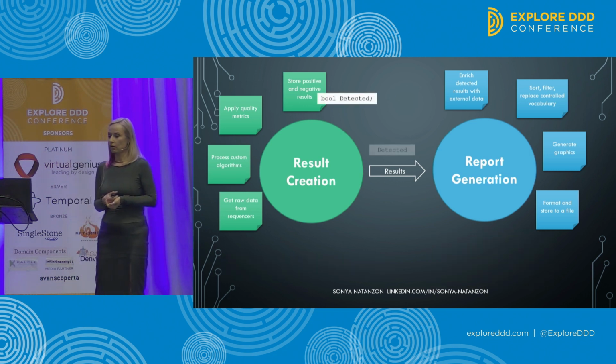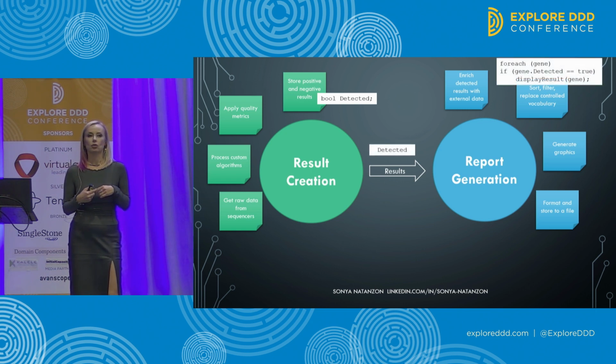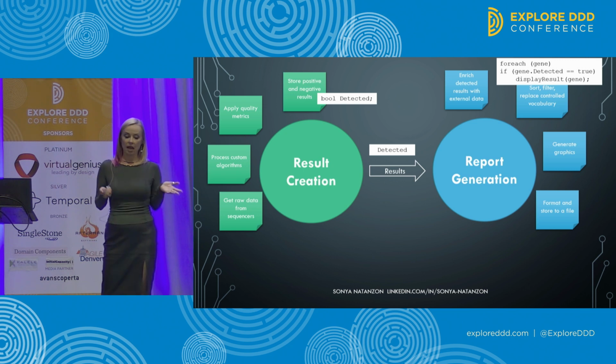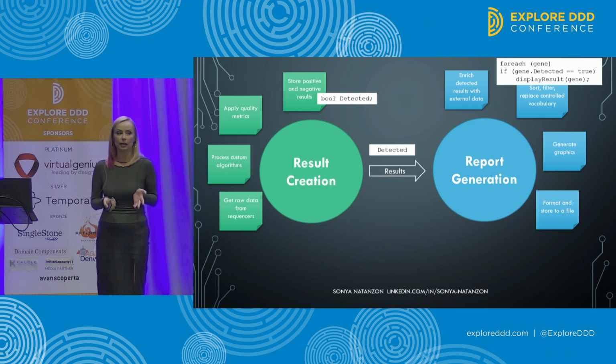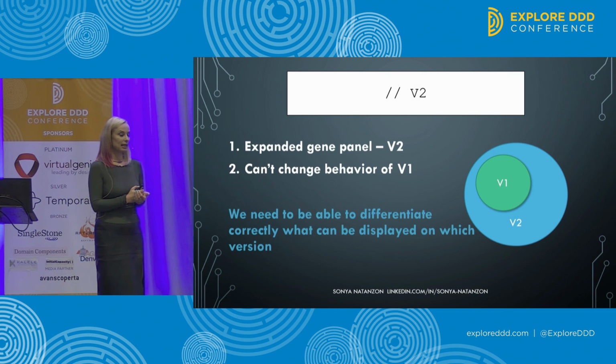So in short, the result creation domain detects a mutation, and the report generation domain will sort and filter through the detected mutations to select the ones that are important to put on the report. And thus detected is our first Boolean, and this is the first version of a test that goes to market and is successful. Of course, nothing sits still.